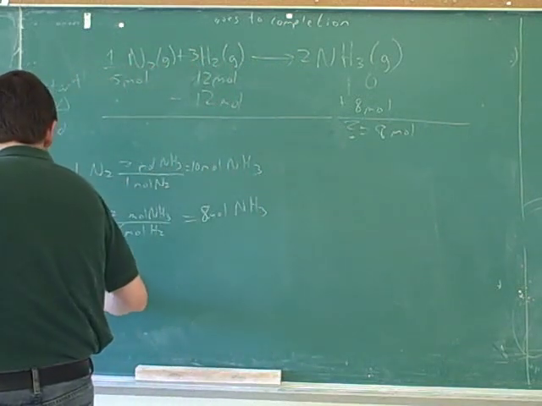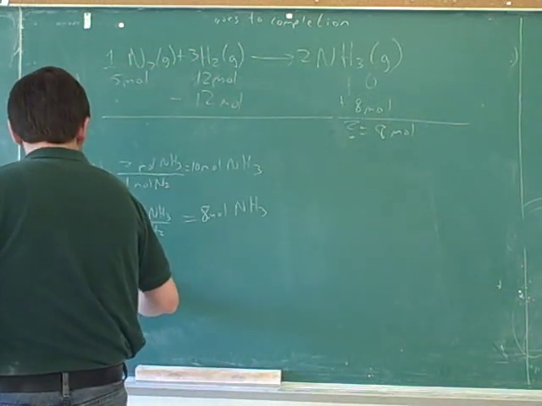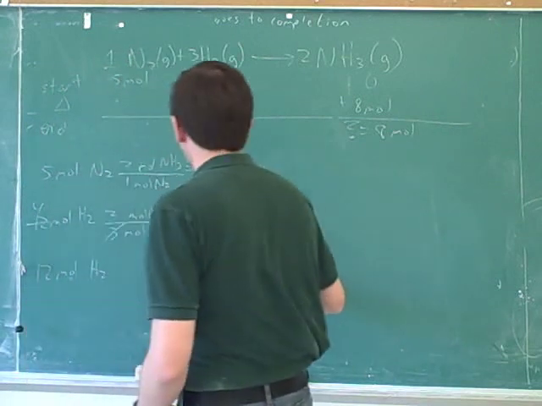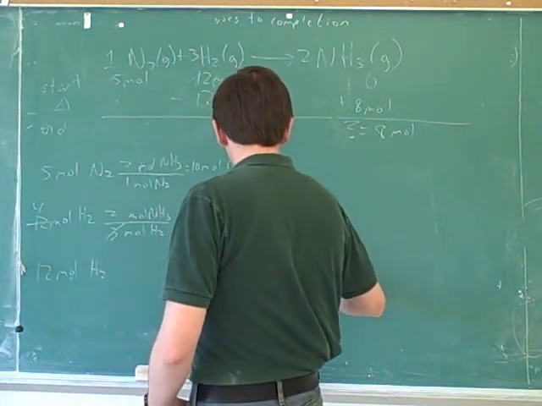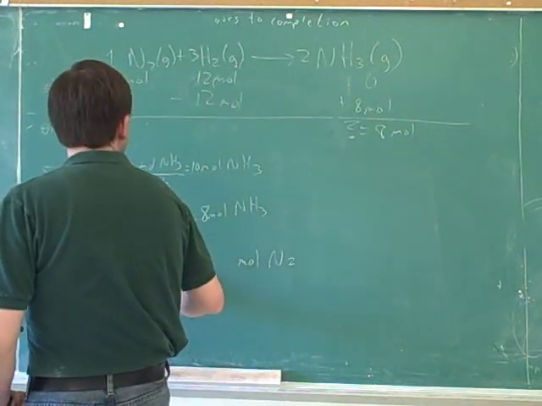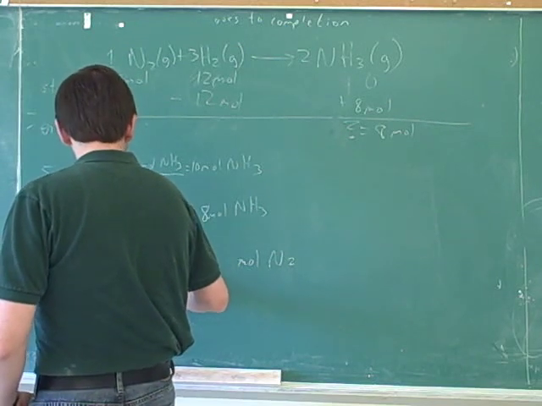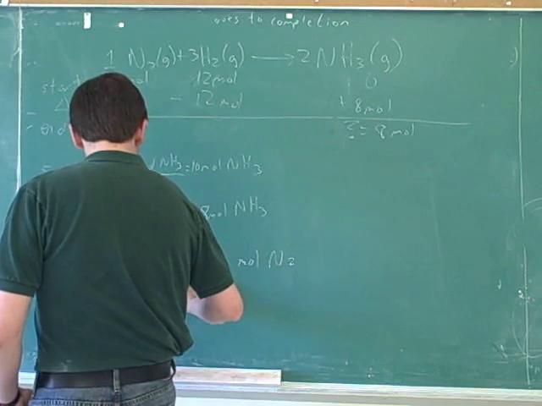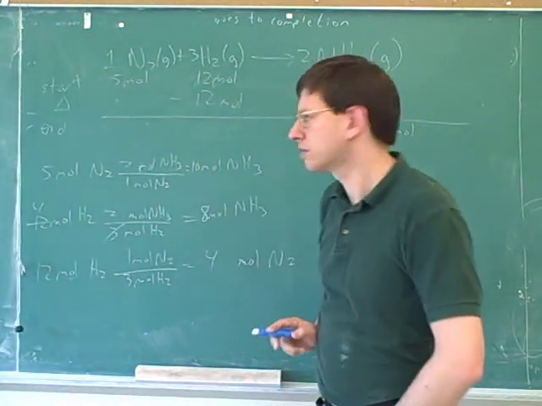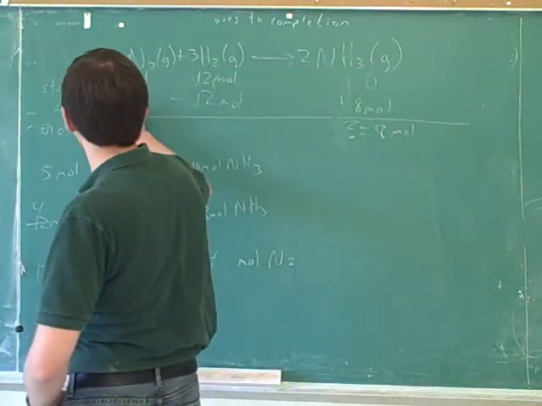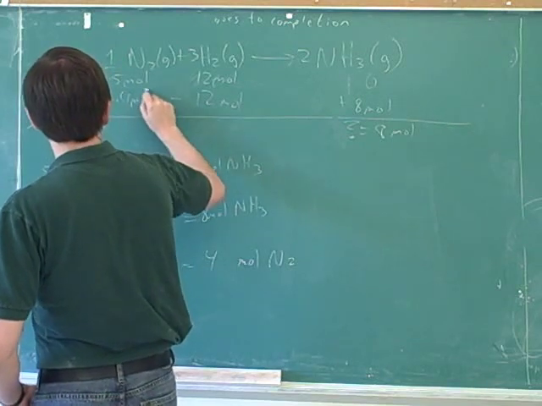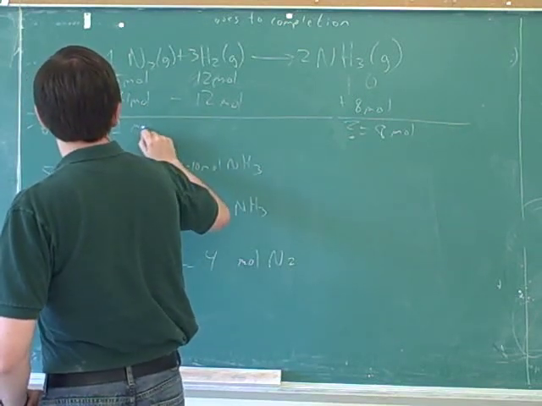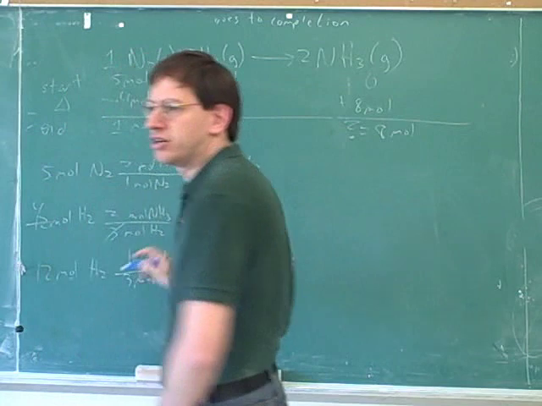So here we have 12 moles of hydrogen, and that's being converted into moles of nitrogen. And we have 1 mole nitrogen for every 3 moles hydrogen. Did you get 4 for that? Okay. Yeah. That's not our end, that's our change, which you correctly saw. So we end up with 1 mole here and 0 moles here.